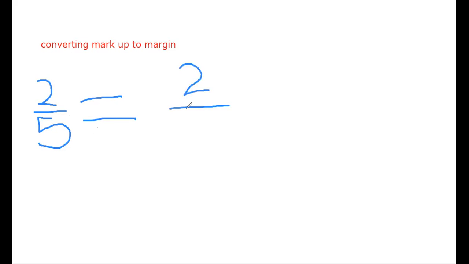And then you add your numerator to your denominator. You understand? So you add this. You add your 2, your numerator stays the same, and then you take your denominator and then you add your numerator.